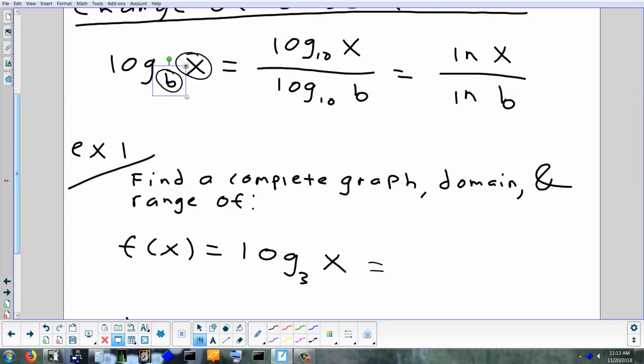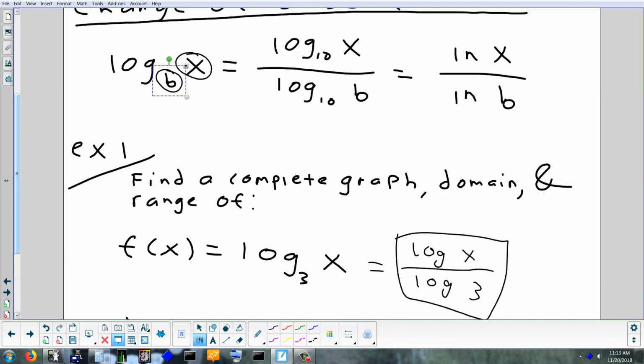So can anyone tell me how I would rewrite this as a fraction using the change of base formula from above? Log base 10 x over log base 10 3. Yep, exactly. So that's what I'm going to put in y1. Log x divided by log 3. She could have said ln x divided by ln 3, and that would have been the same thing.